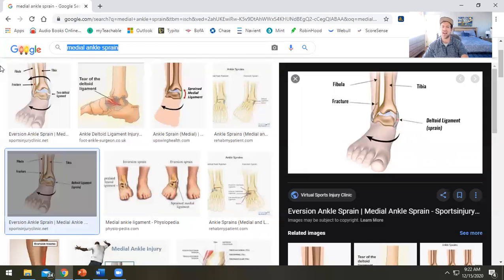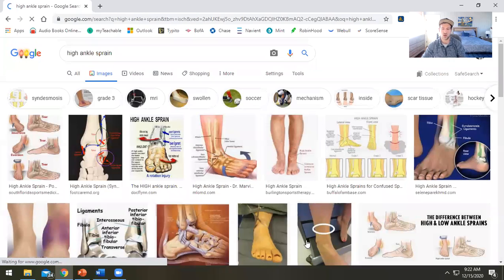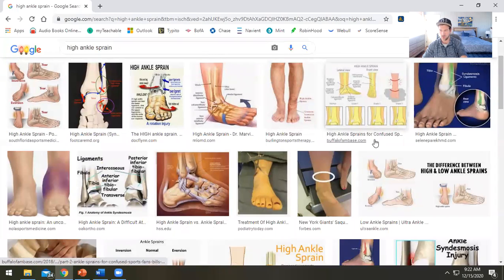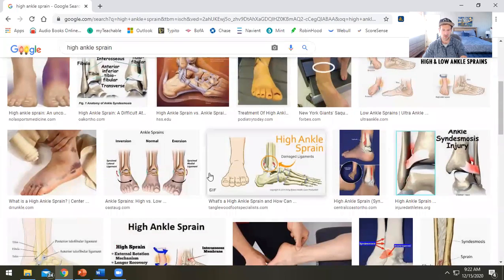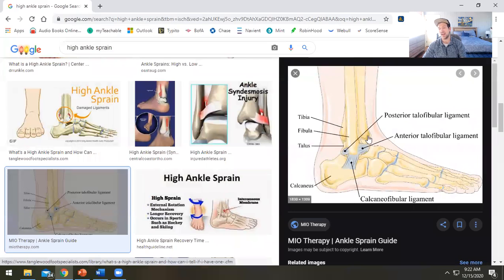And then we've got high ankle sprains, which are going to happen much higher. No, that's not the picture I want. Come on, just show me the ligaments. There we go. So you'll see high ankle sprains. It's not quite the one I'm looking for, but you'll sometimes see it's this one here or this little ligament that attaches right here from your tibia.